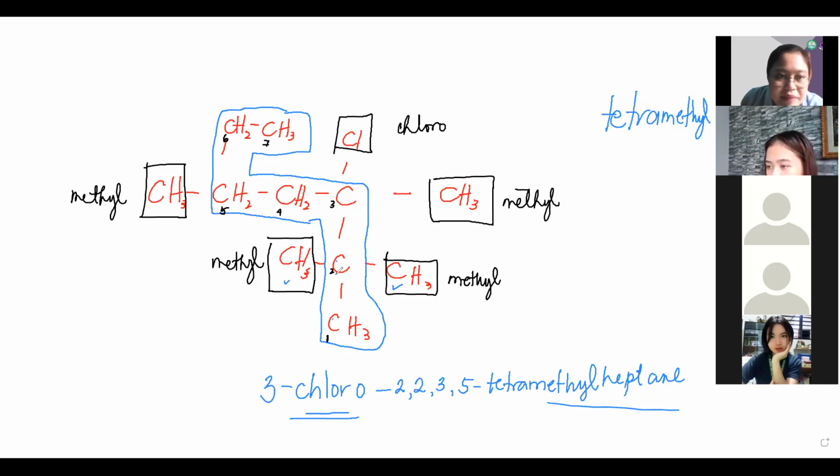Why did some have tert-butyl? Chloro are halogens. They are halogens and they can be considered as substituents also. Right, Naira? Tetramethylheptane. That was almost right, tetramethylheptane, but incomplete. Do not forget the chloro and the numbers of the carbon where these substituents are attached.